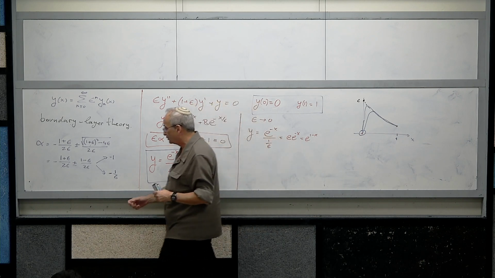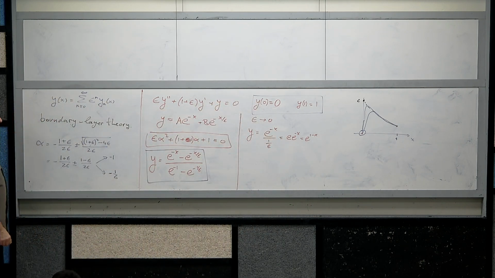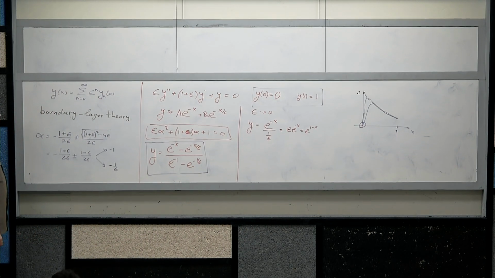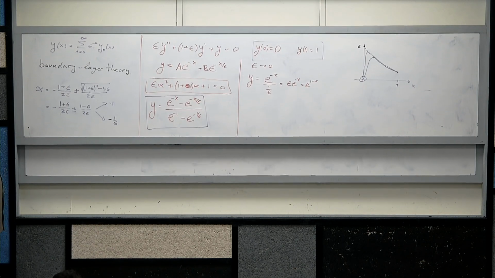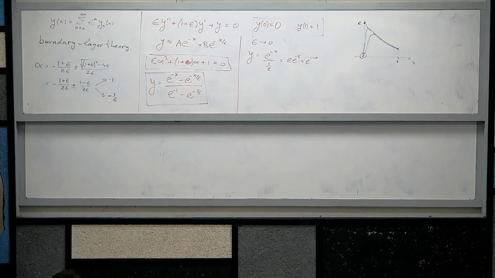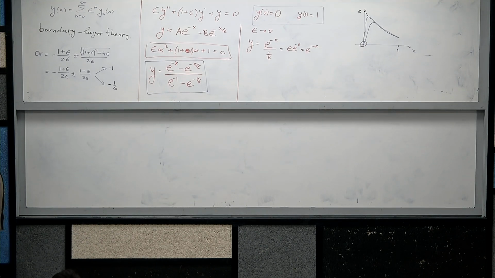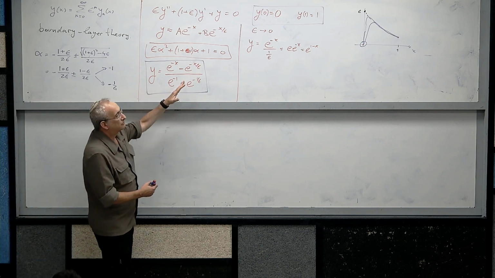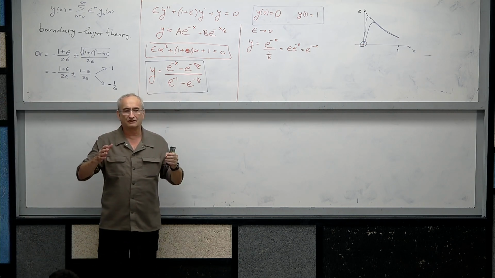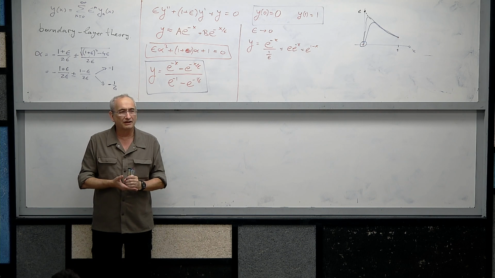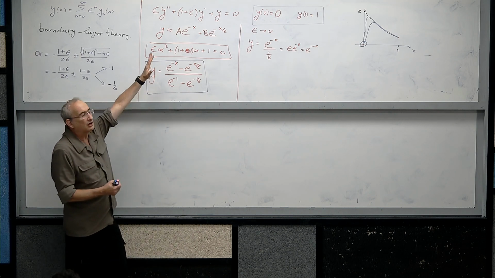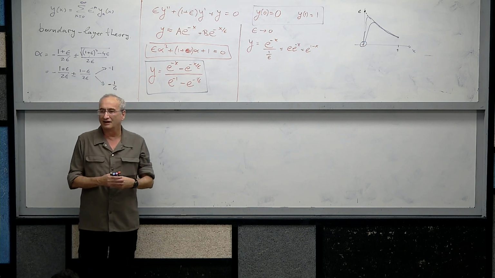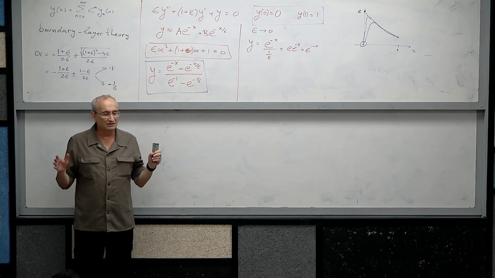Good. So let's start thinking about this problem. Now, suppose that they forgot to teach me that this is a solution. I don't know how to solve equations with constant coefficients.